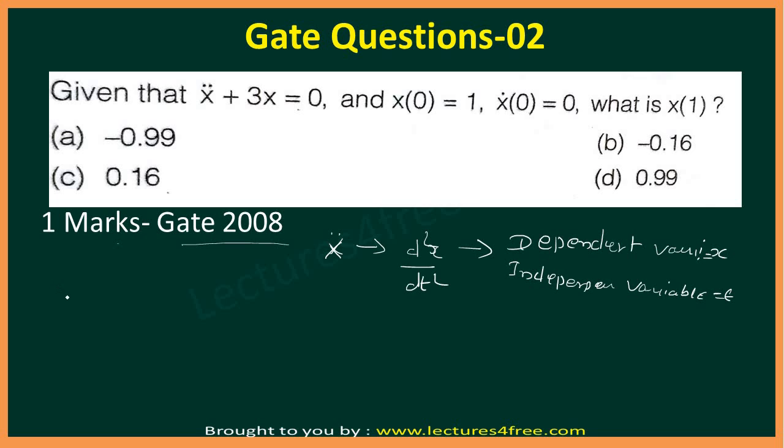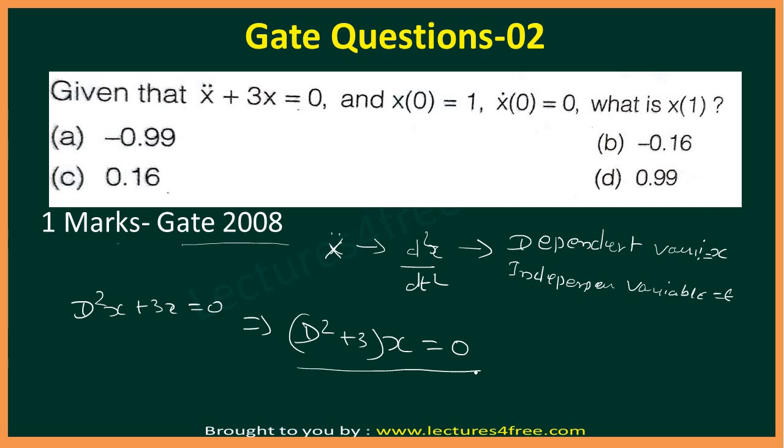So you will get a function like this: D square x plus 3x is equal to 0, or you can write it as D square plus 3 into x is equal to 0. So you got this. First of all, let's see the question again. You have been given one equation, and conditions are given.